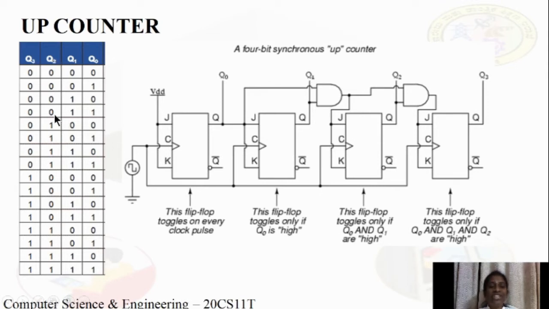Q2 will change its state from 0 to 1 when both the Q0 and Q1 values are high. Both must be high, so here we require the AND gate, because in the AND gate the output is high only if both the inputs are high.